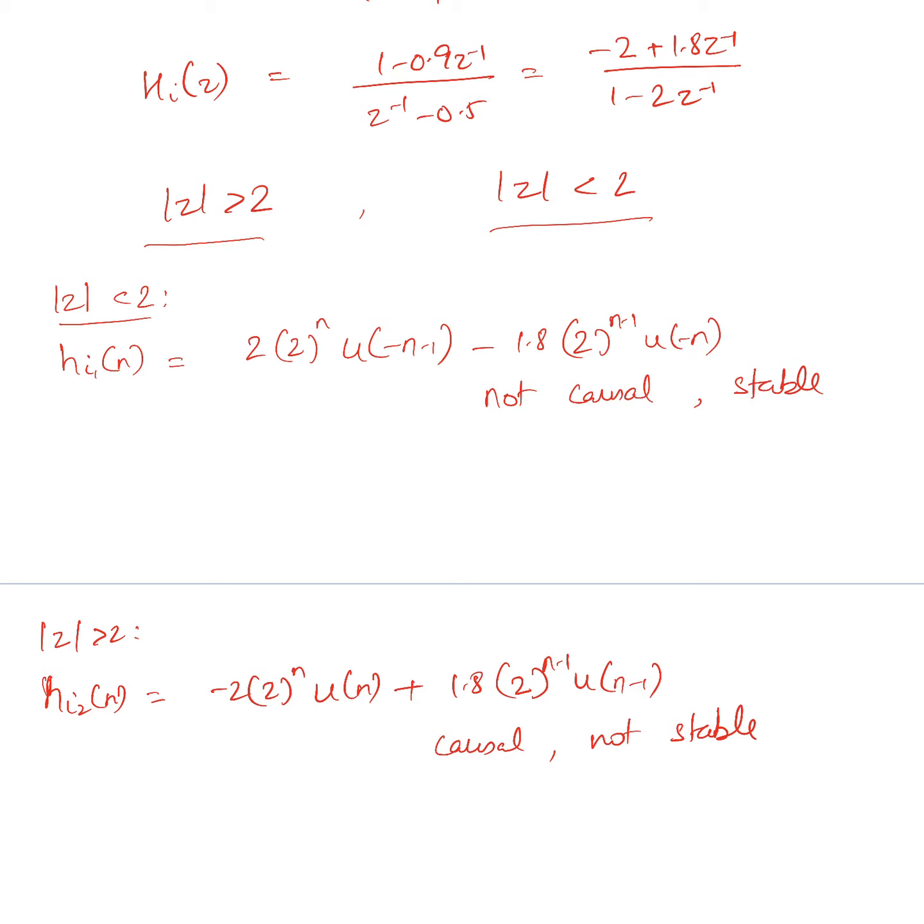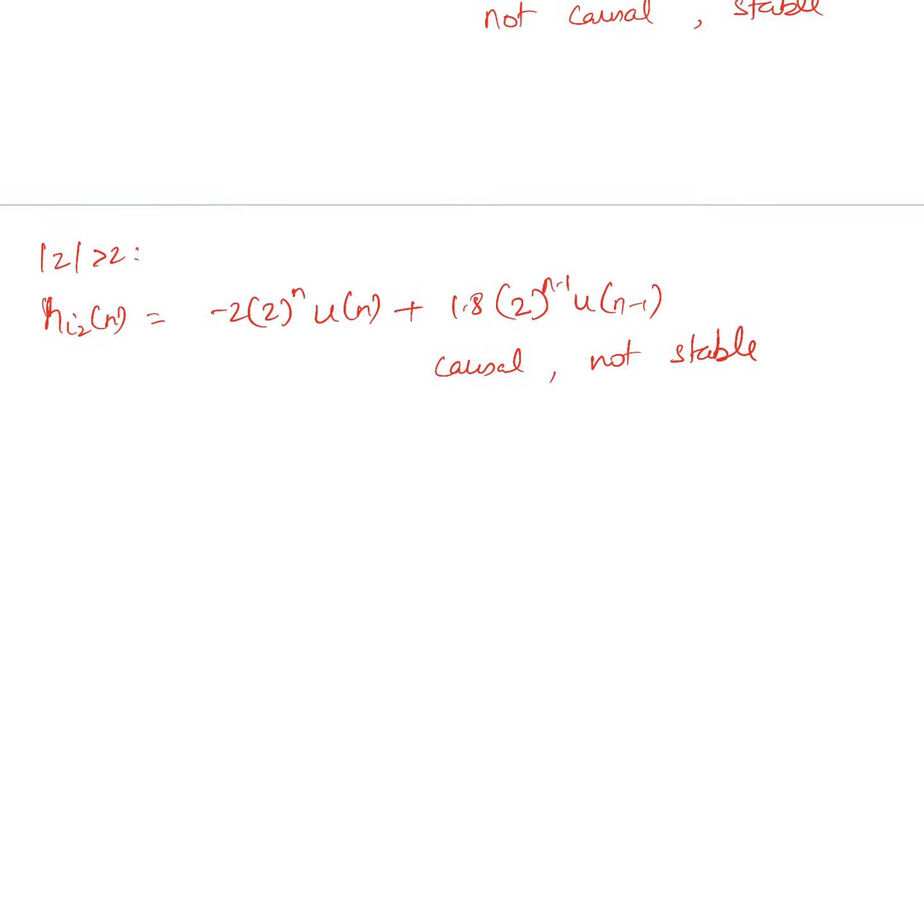Now, the second point is that if we also require the inverse system to be stable, then the ROC of hi of z must include the unit circle. Since ck is a zero of h of z and becomes a pole of the inverse system, the maximum of mod ck over k should be less than 1.